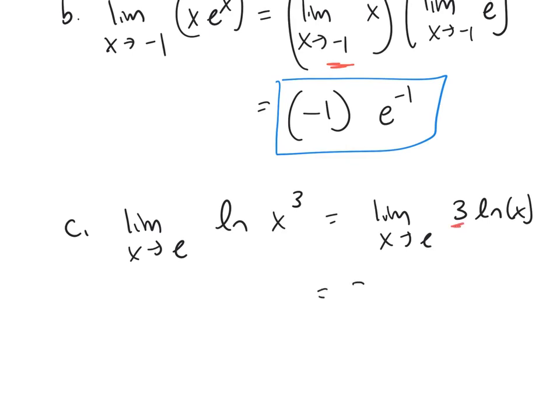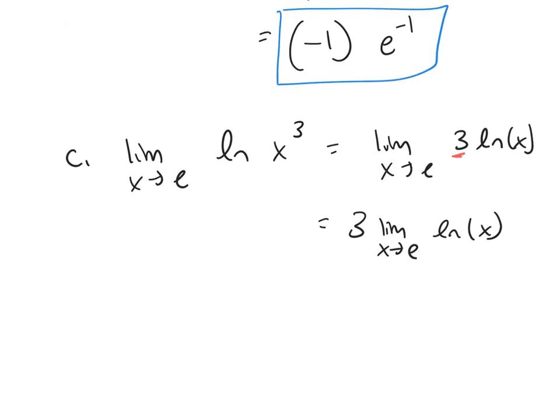So this would be 3 times the limit as x goes to e of ln of x. And now I can use that this is a natural log and e is in the domain, so I can plug in natural log of e, which is 1, so this limit will just be 3.